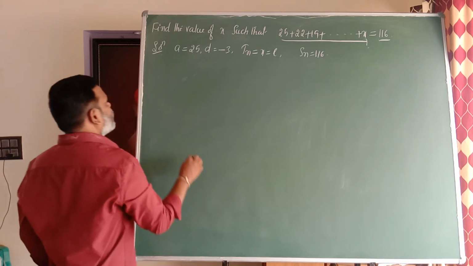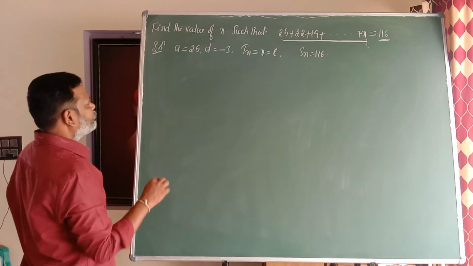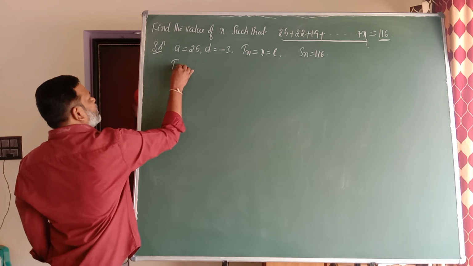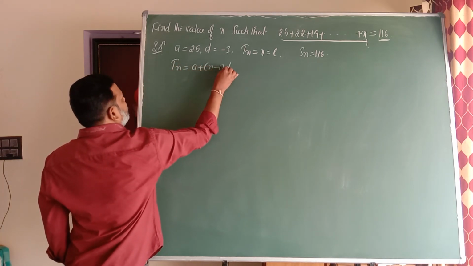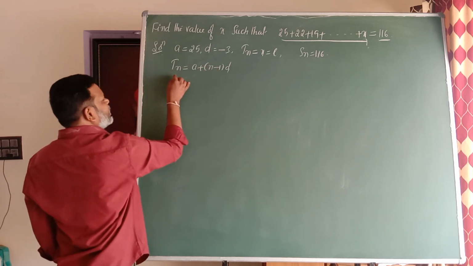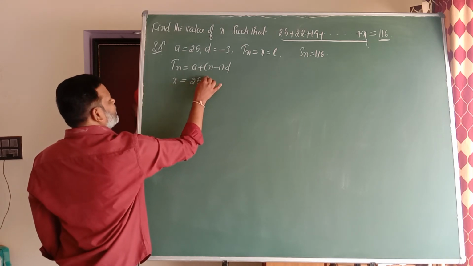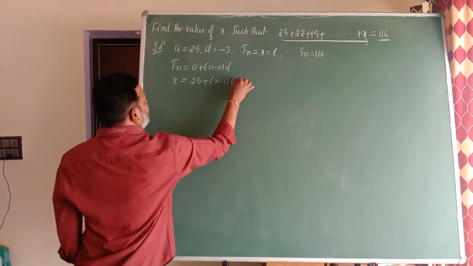Okay, now have a look at this. By observing here, we have the formula Tn is equal to a plus n minus 1 into d. What is Tn here? Tn is the last term, that is x. That is equal to a, that is 25, plus n minus 1 into d, and d is minus 3.